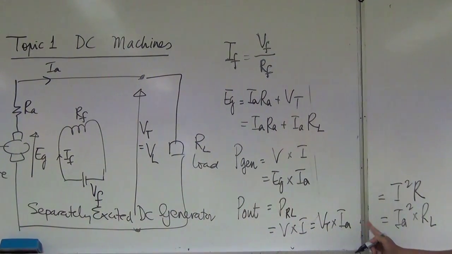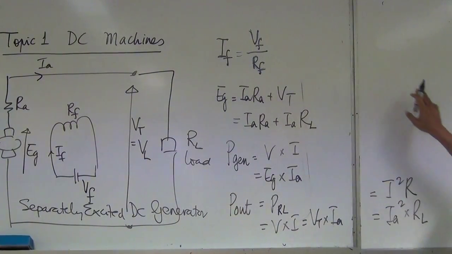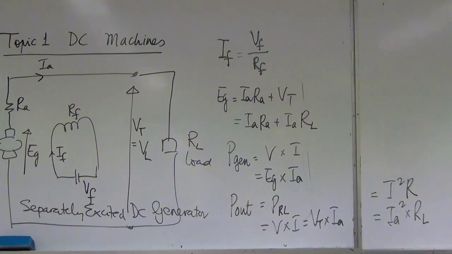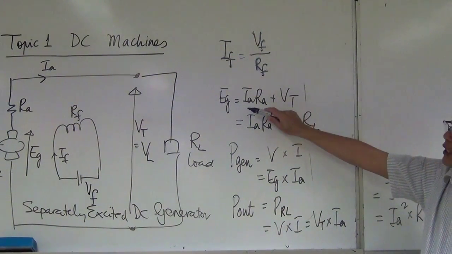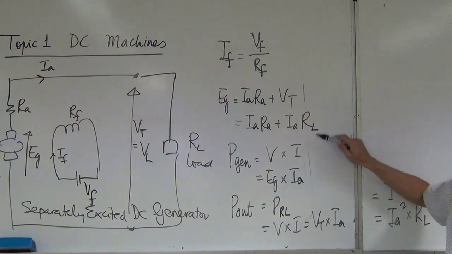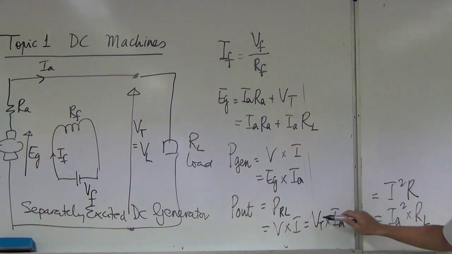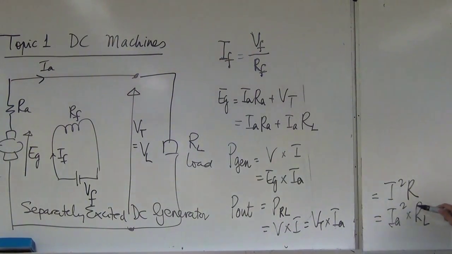So that's the output power. These are the basic formulas for the separately excited generator. Repeat: Ohm's law, I equal to V over R, and EG equal to IARA plus IARL. Power generated, EG times IA. Output power, terminal voltage multiplied by IA, or IA squared RL.